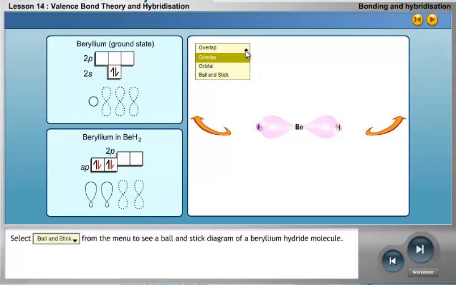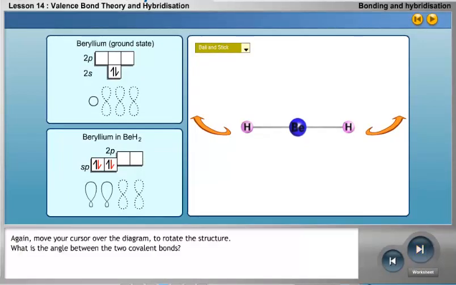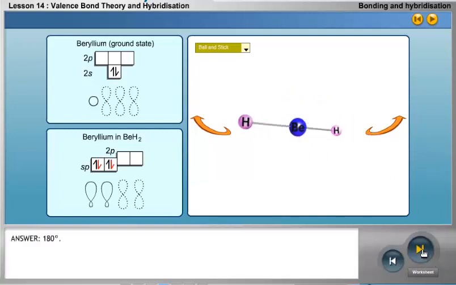Select ball and stick from the menu to see a ball and stick diagram of a beryllium hydride molecule. Again, move your cursor over the diagram to rotate the structure. What is the angle between the two covalent bonds? Answer: 180 degrees.